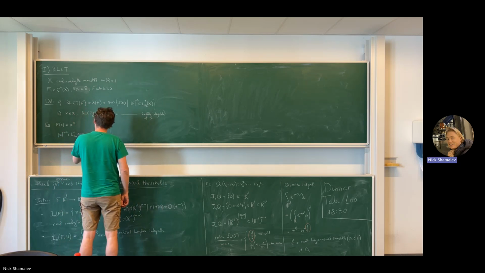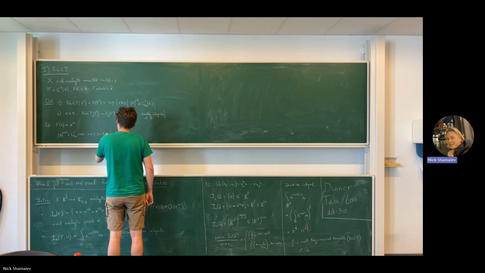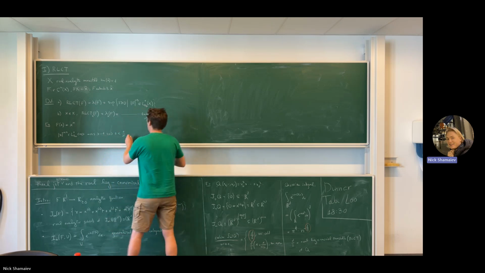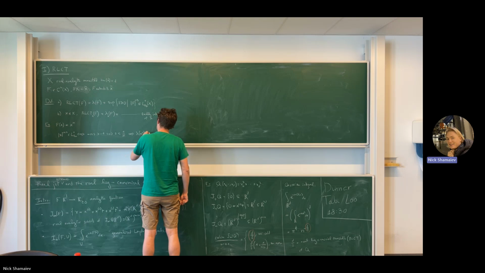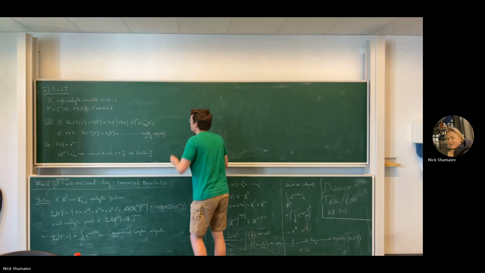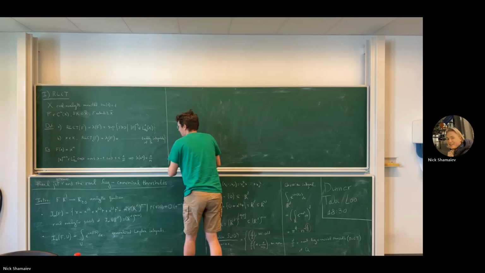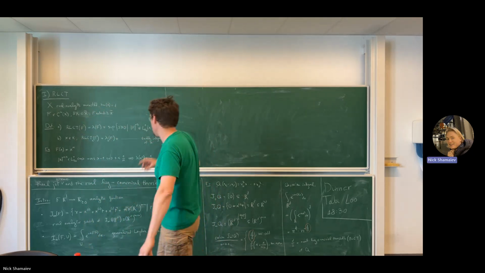Exactly when ns is smaller than 1, so it's equivalent to s smaller than 1 over n. This implies that lambda of x to the n is 1 over n. So it's a really analytic definition.